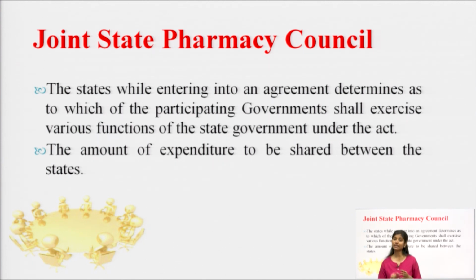So the first point was education regulation, which is formulated by the central government and controlled by the state government, and the second point was maintaining or printing of registers, which is maintained by the state government but controlled by the central government.